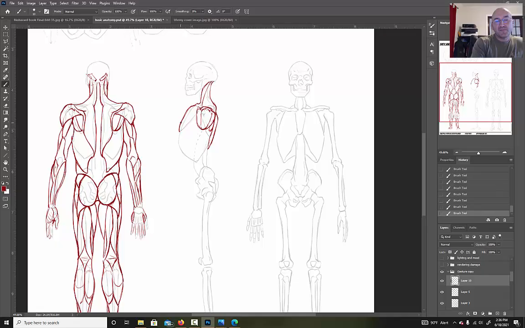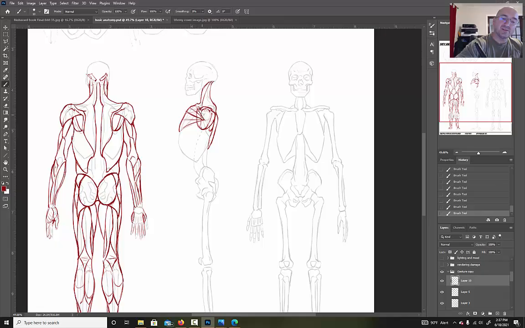They attach there. You're going to get some that attach to the collarbone at the AC joint, and then the upper layers are going to attach to the head of the humerus that sits here and moves down. And right below that ball is where you're going to get some of the attachments for the upper pectoral muscles.